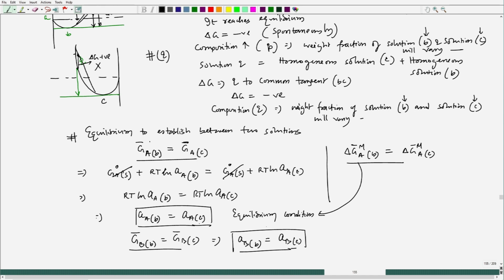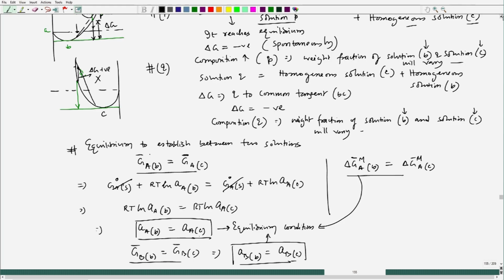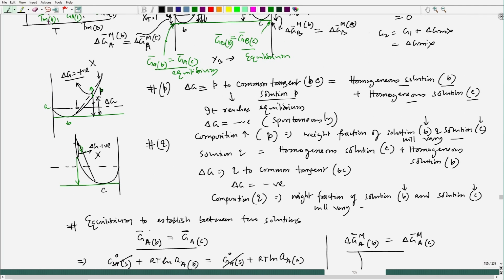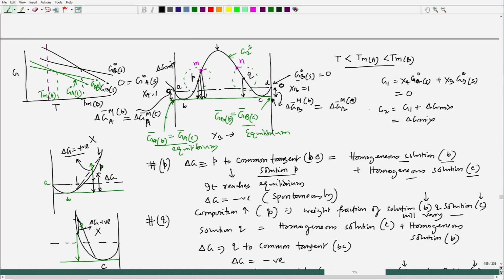This is also an equilibrium condition. So, those two equilibrium conditions we are getting. Now, what happens? I could see that from M to B or N to C, all compositions will break into two phases, with solution of composition B and solution of composition C.